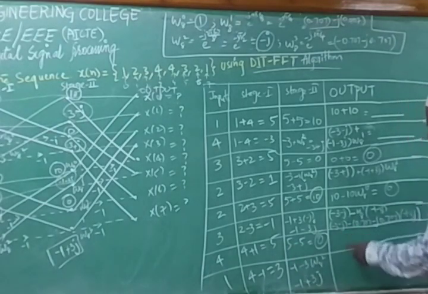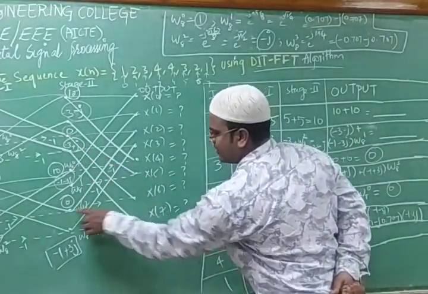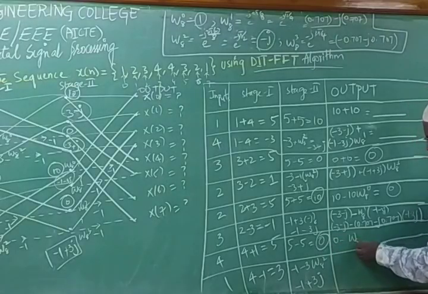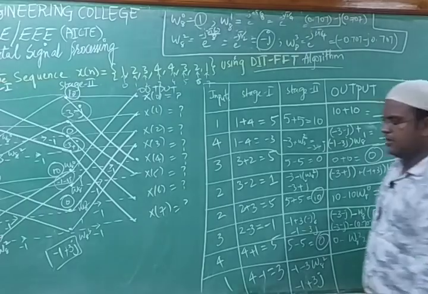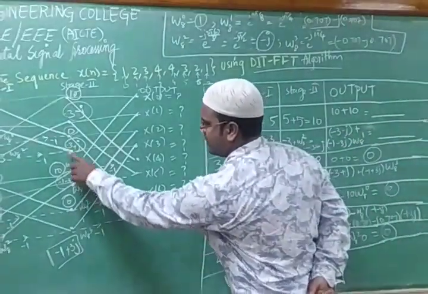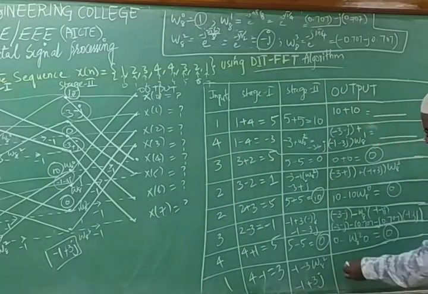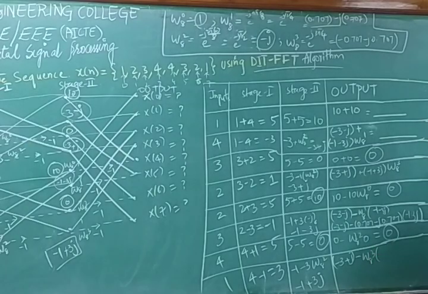What is left out? X of 6. X of 6 is where it is coming. It's coming 0. Again in here it's got nothing but 0. So 0 minus omega 8 of 2 of 0. That is nothing but 0. Similarly, x of 7. What is x of 7? Minus 3 plus j and minus 3 plus j minus omega 8 of 3 into minus 1 plus 3j.